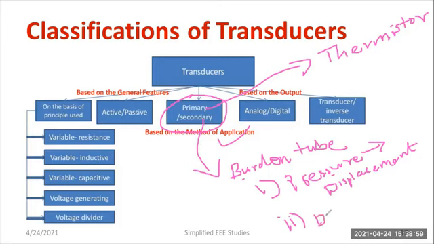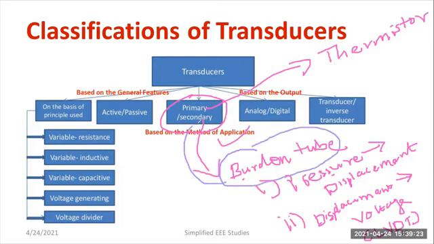The second stage is the displacement being converted into electrical voltage. Voltage is an electrical quantity, by using LVDT. That is actually happening in case of Bourdon tube. So I must say that the Bourdon tube is one example of secondary transducer.